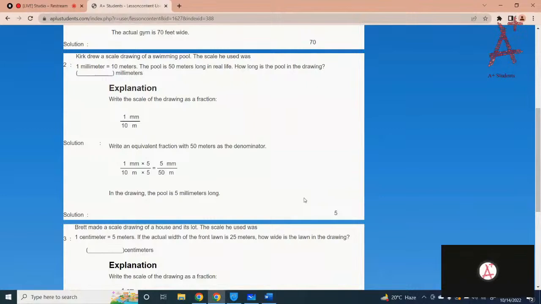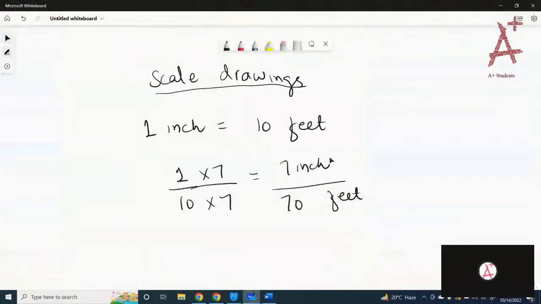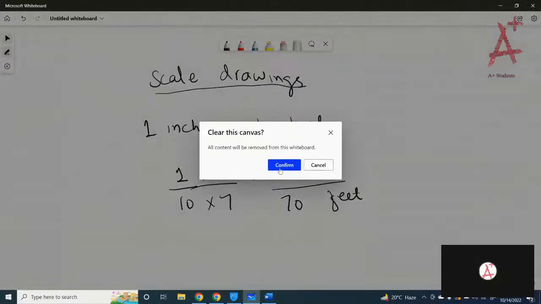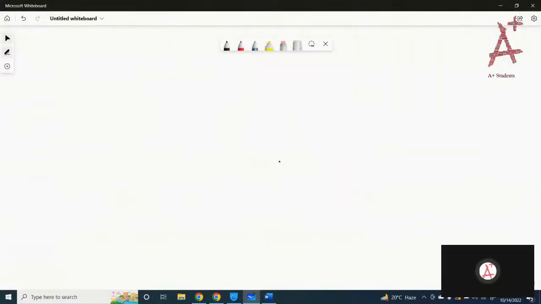How long is the pool in the drawing? So the scale he used is 1 millimeter to 10 meters. 1 millimeter equals 10 meters. Got it? So it would be 1 to 10.